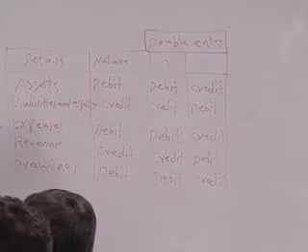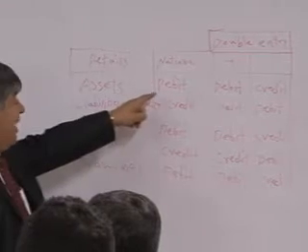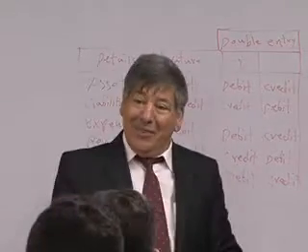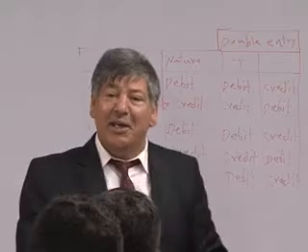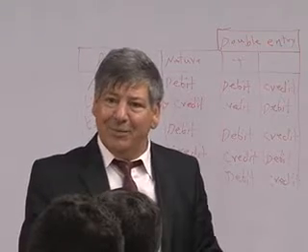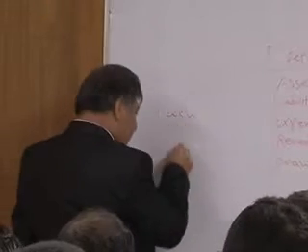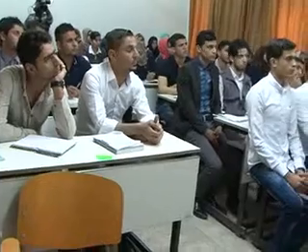Now, the nature of assets is debit. If we find an asset with a credit balance, there is something wrong. For example, cash: here debit, here credit.